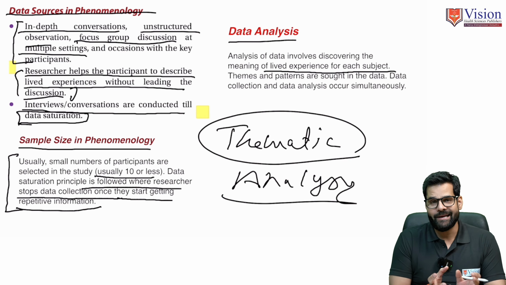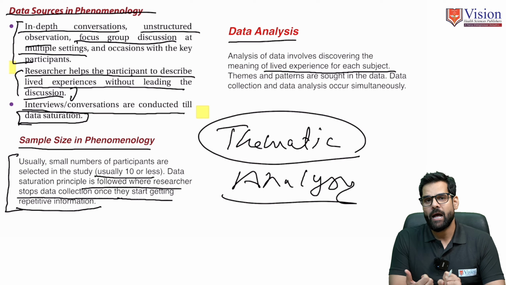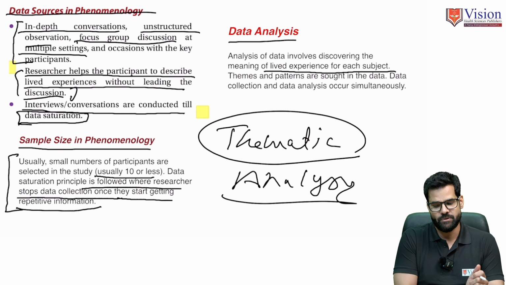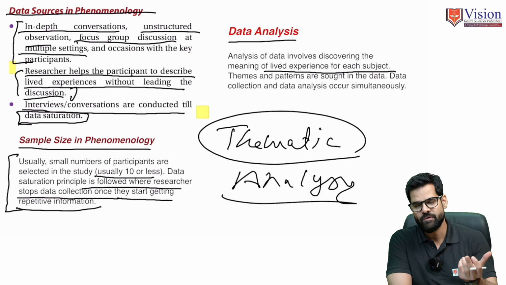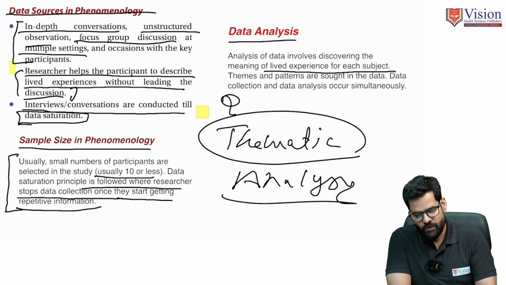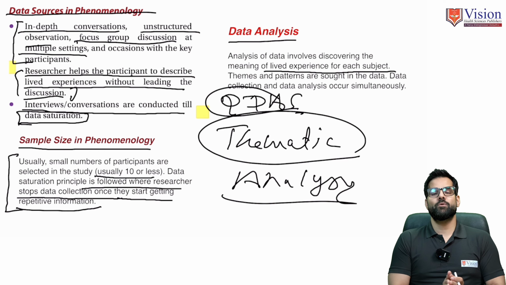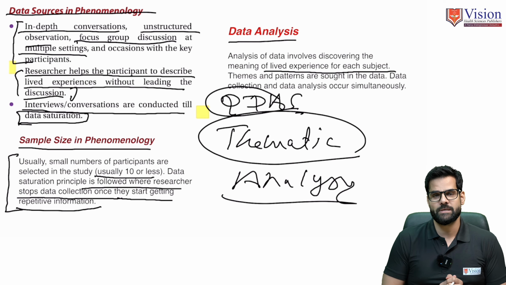We make the categories, from the categories we identify the subcategories, then we make main categories or core categories, and from there we get the themes. That is how we do qualitative data analysis. These days we have many software, called QDA, qualitative data analysis software, that we can use. So that is about phenomenological research. If I say in one shot, what is phenomenological research?